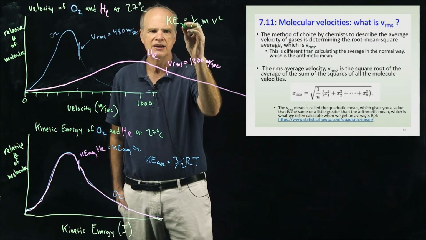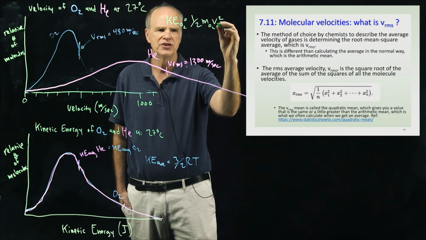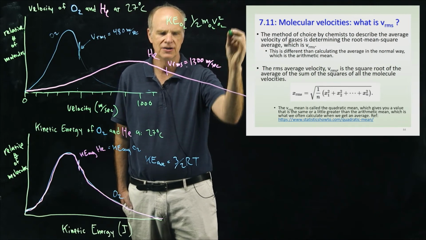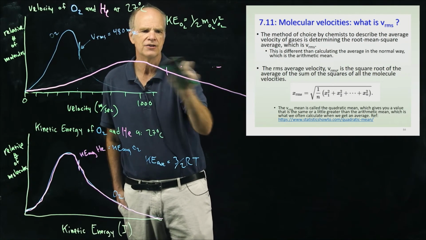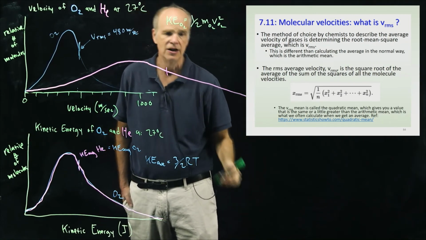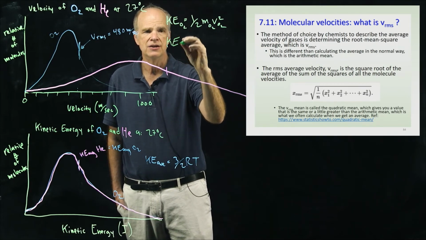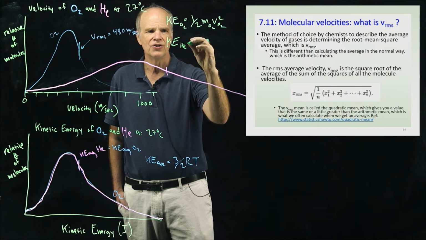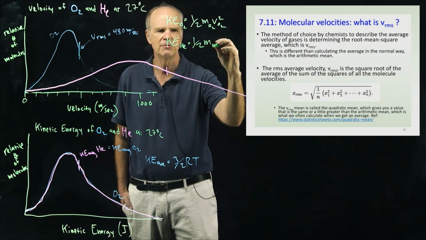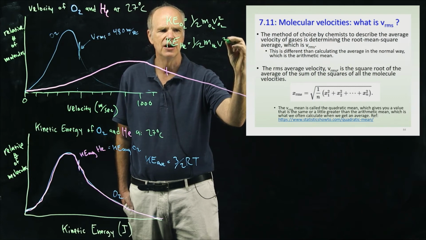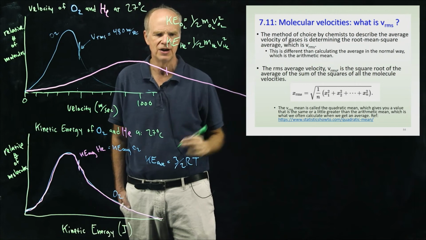So we're going to write kinetic energy of oxygen here is equal to 1/2 the mass of the oxygen times the velocity squared of the oxygen molecules. And so we need a little bit more space here. So we're going to do the same formula for helium, so that the kinetic energy of helium molecules is equal to 1/2 the mass of the helium molecules times the square of the velocity of the helium molecules. And so we can write that.